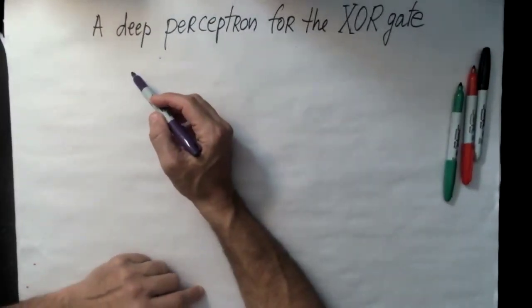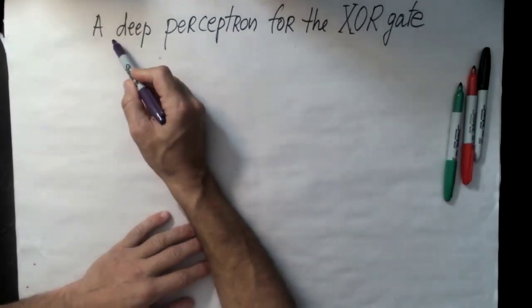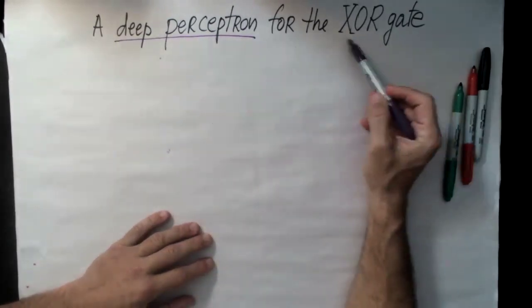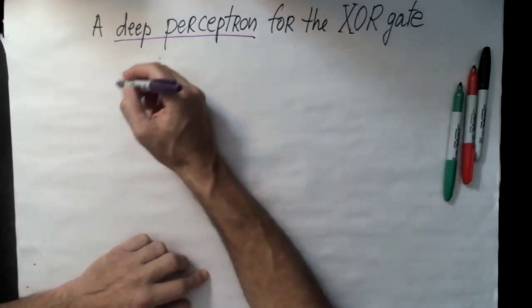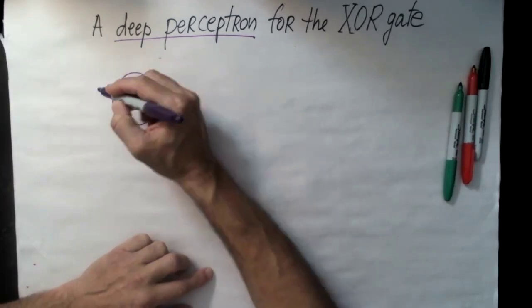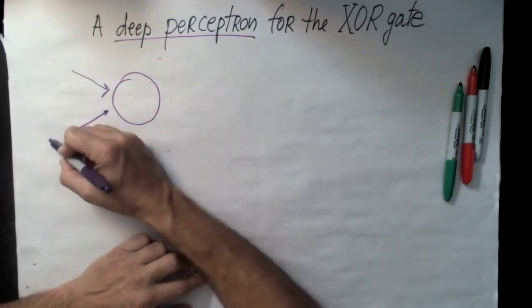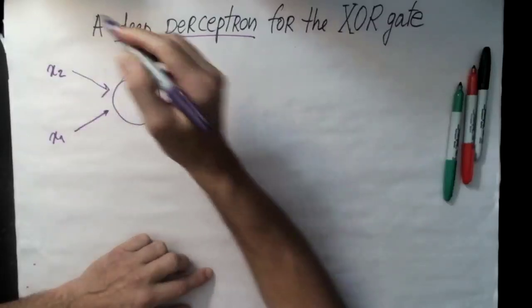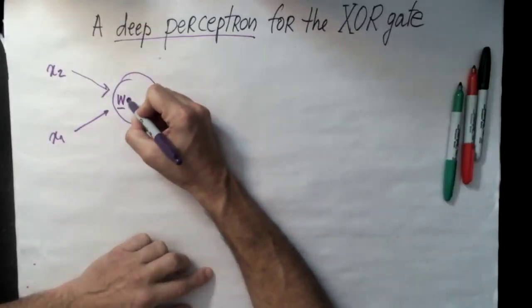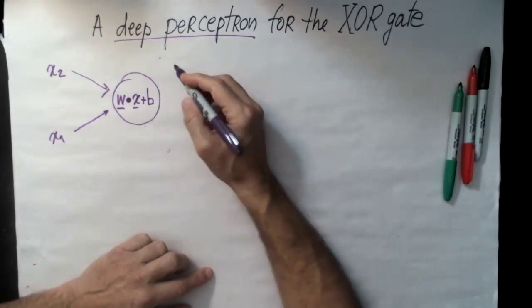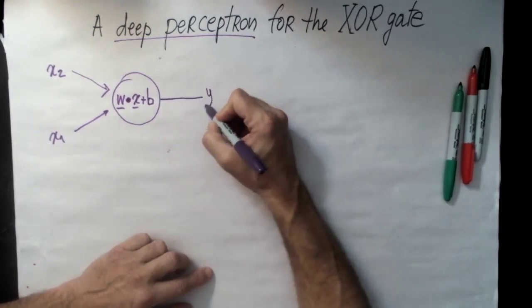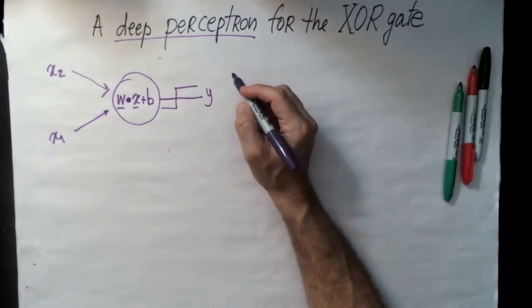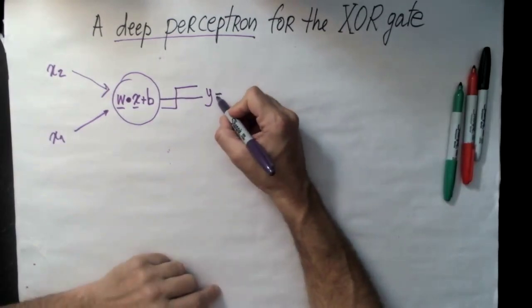Okay, so today we're going to study how to formulate a deep perceptron for the XOR gate. We have seen in the previous lecture that the simple linear perceptron cannot model the XOR gate, because a simple binary classification is not enough for the XOR gate.